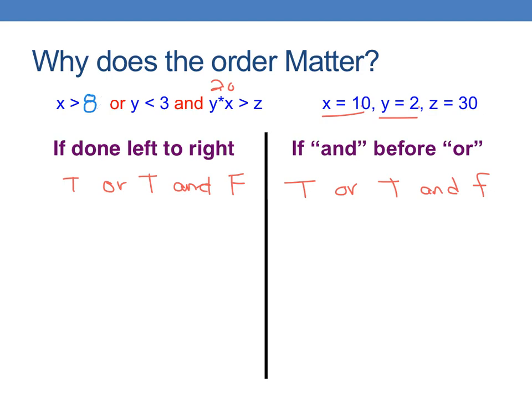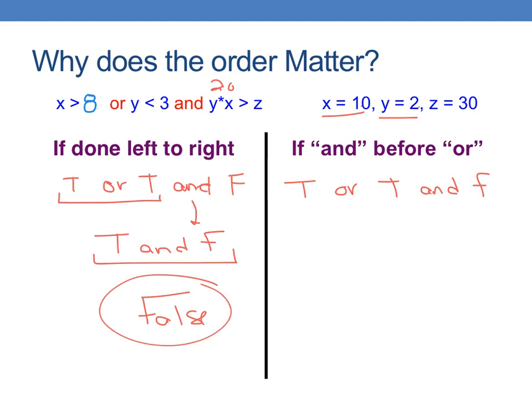Now I want to show you how order matters. We really do have to do the ands before the ors. Because here, if we do this one, true or true, going left to right, we get true. We end up with true, and then we bring the and false down. We evaluate this one here, and we get a false solution.